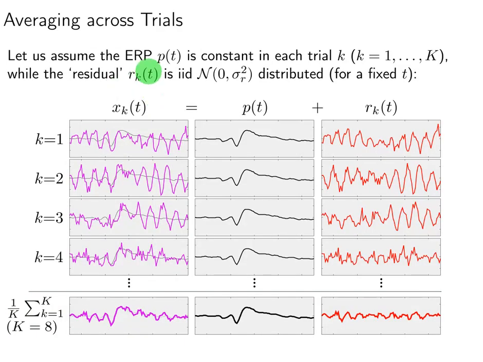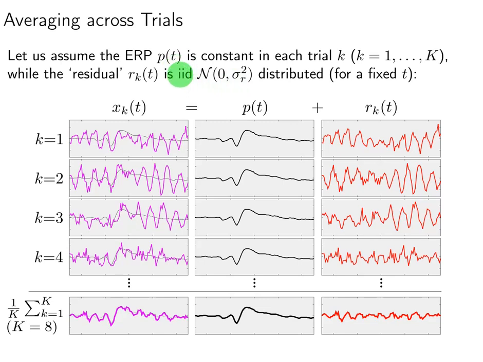Let's now assume that the ERP, the signal of interest, is constant in each trial across k trials, while the residual, the noise component of EEG, is generated IID according to a Gaussian distribution with zero mean and variance of 1, for example.